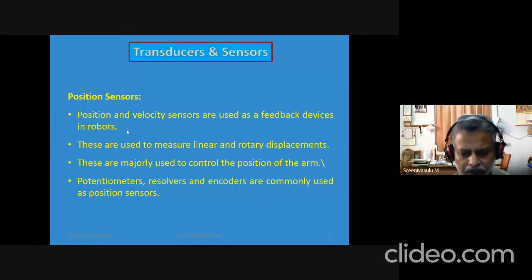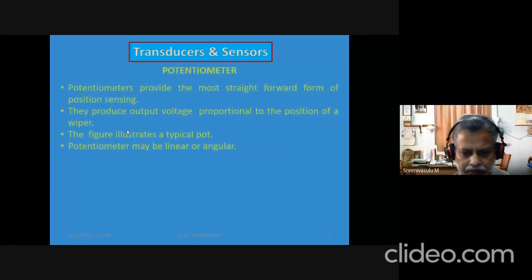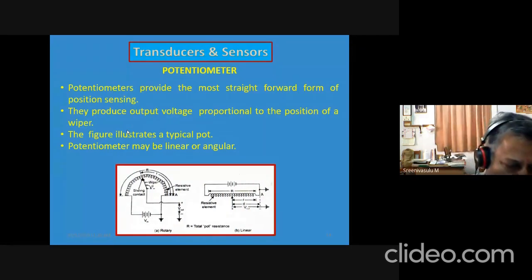Resolvers and encoders, these three are some of the sensors that are used to measure positions. Now let us move to the potentiometer.